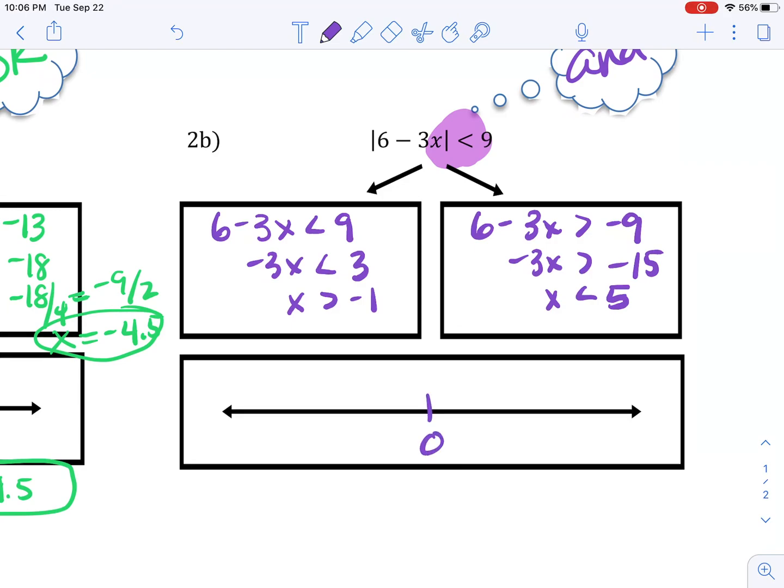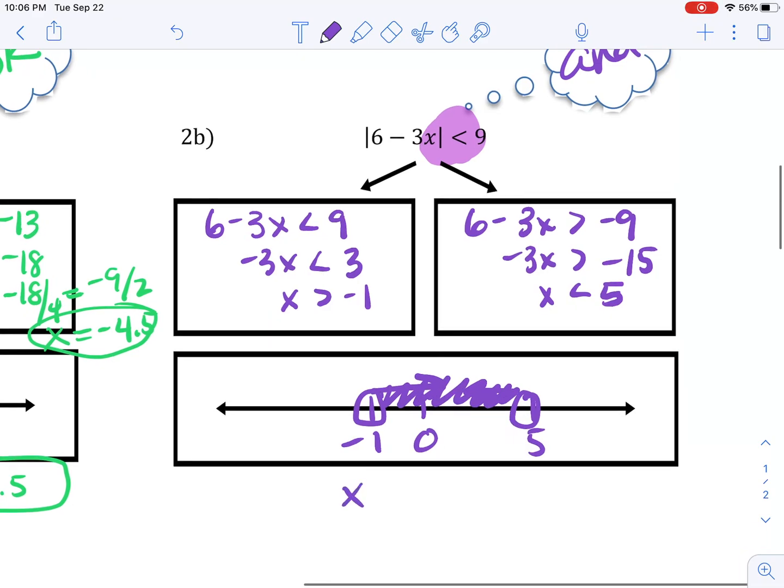Put it on the number line, got negative 1 and a 5. So this was x is greater than negative 1. Oops, got to make it an open circle, there we go. And x is less than 5 this way. So it's everything in between. That's an "and." X is greater than negative 1, and it also has to be, at the same time, less than 5.